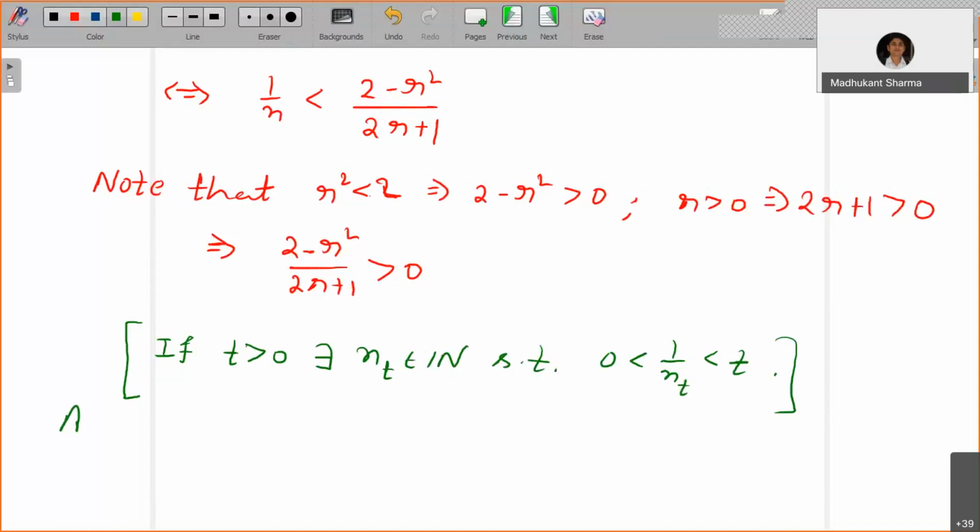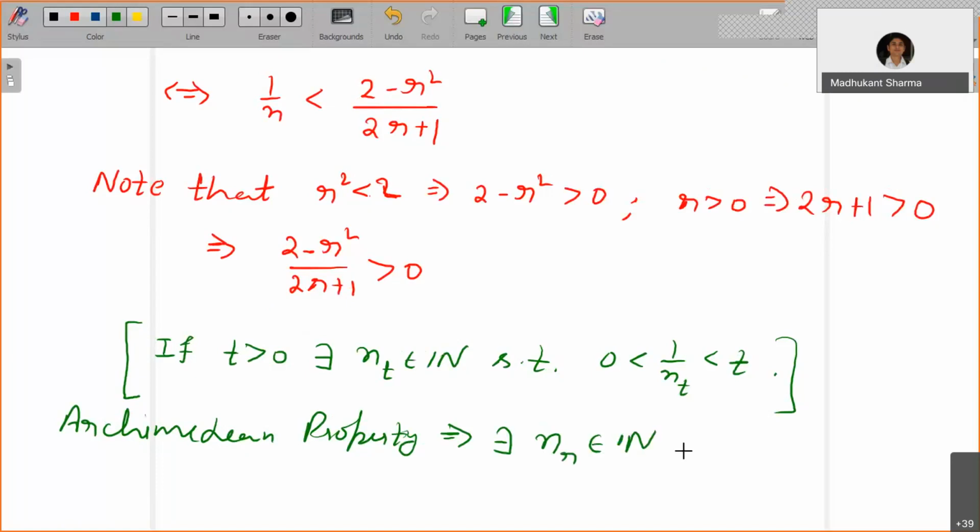So the Archimedean property implies there exists an n, which certainly depends on r, in N, such that 1 by n_r is less than 2 minus r square divided by 2r plus 1.